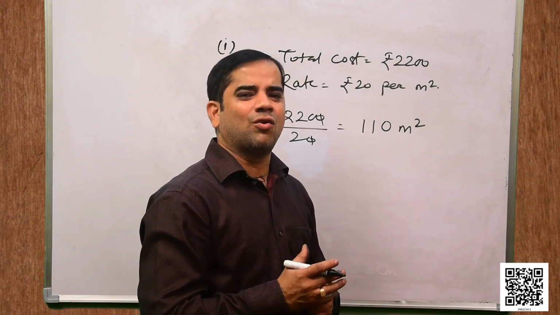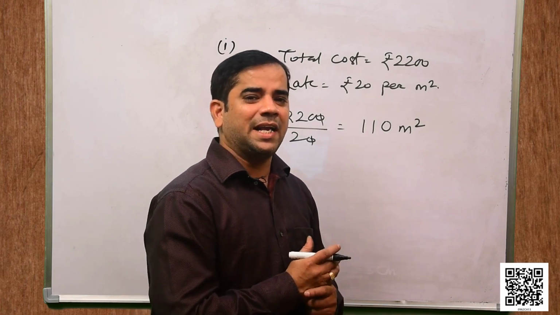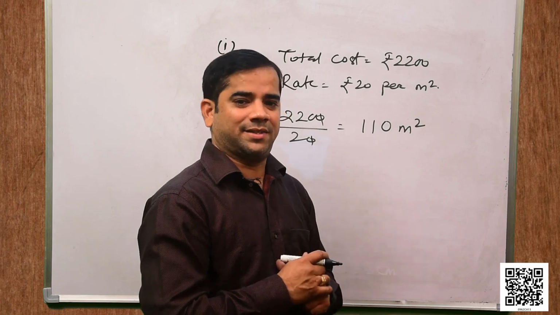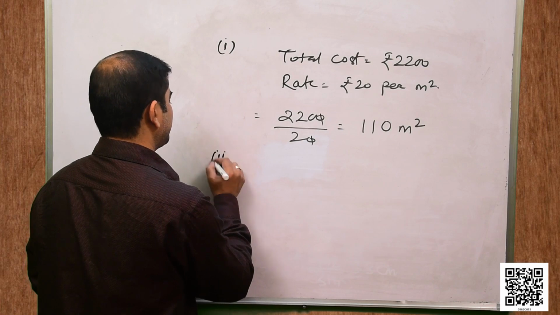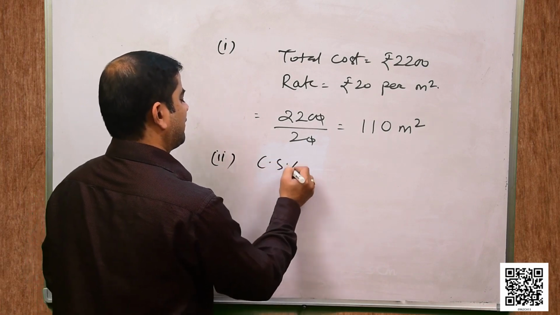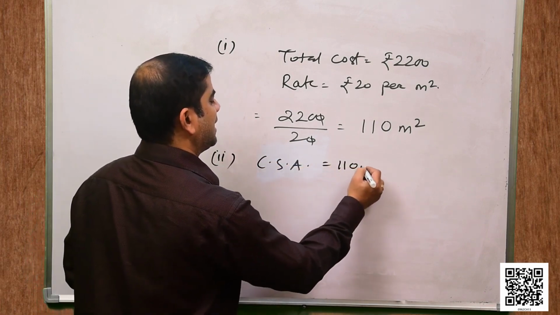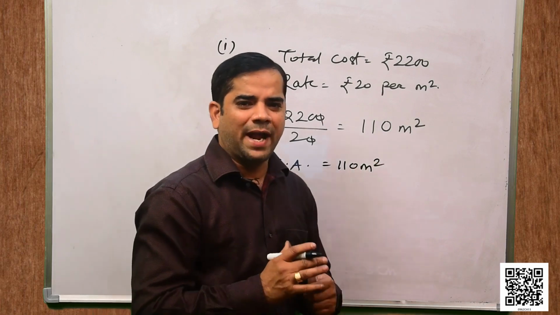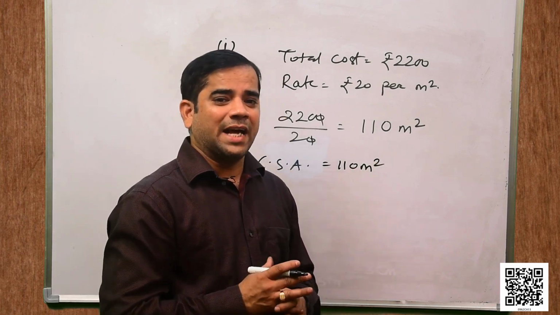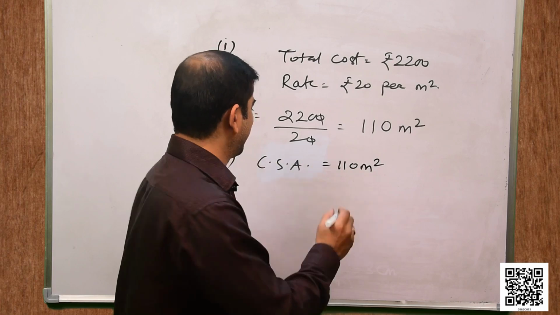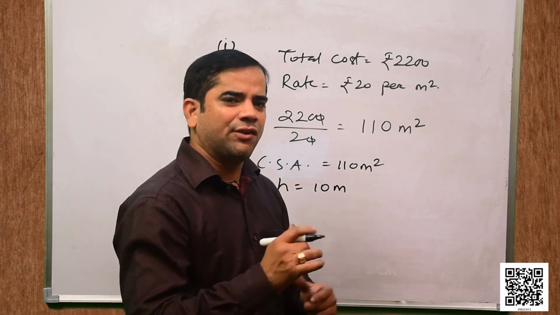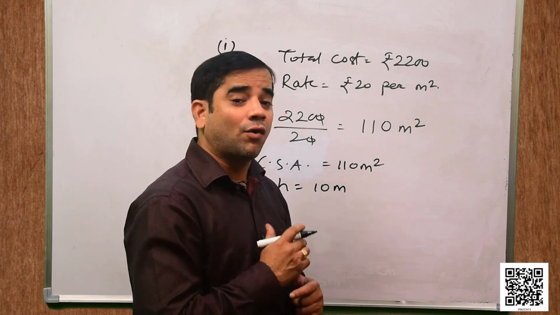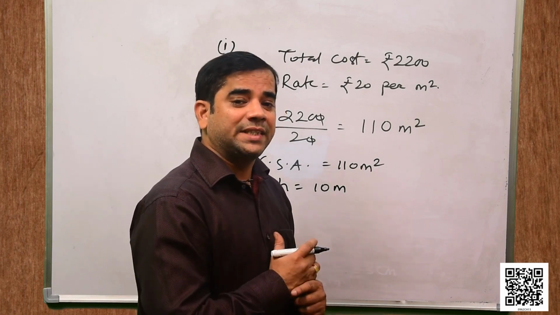Let us now go for the second part. It says, what is the radius of the base? Let us find out. So, curved surface area is equal to 110 meter square. And what is the height? Height is 10 meter. And we need to find the radius. What is the formula for curved surface area?